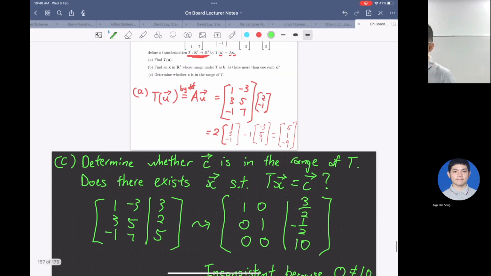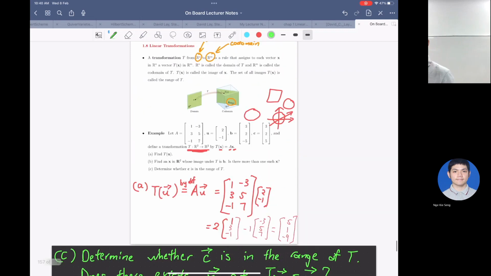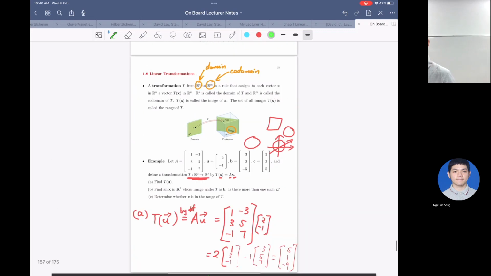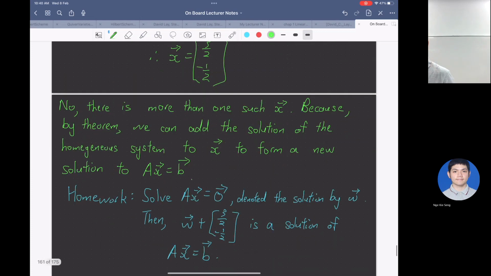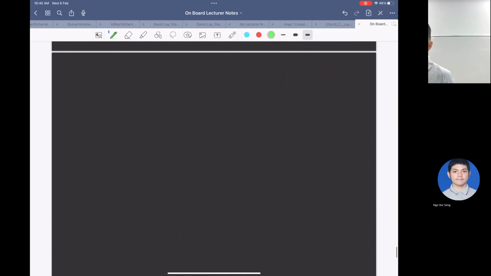But in this linear transformation, you need to know the words domain, codomain, and image.